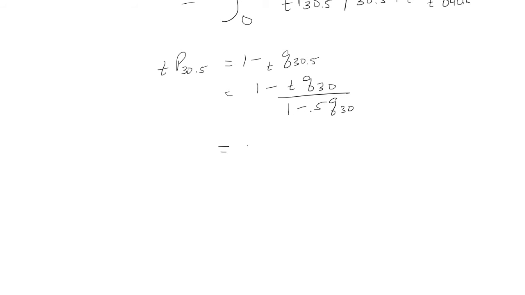And I can combine these into one fraction and have 1 minus a quantity 0.5 plus t times q30 over 1 minus 0.5 times q30.